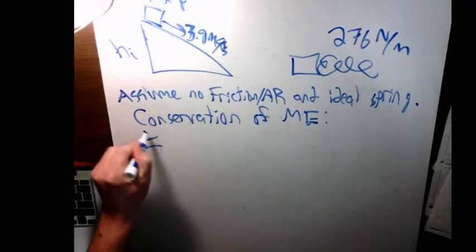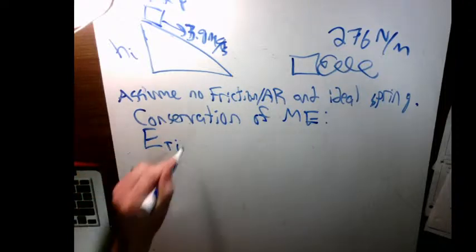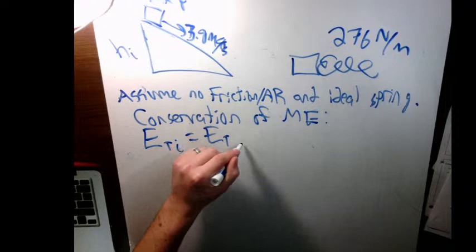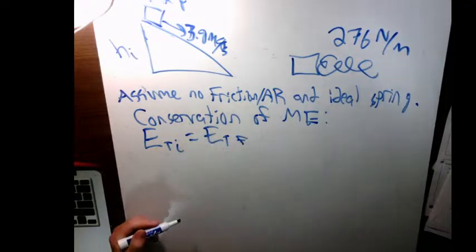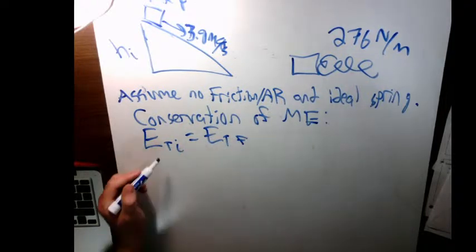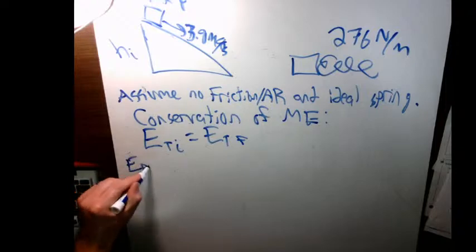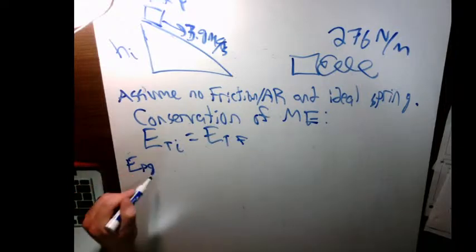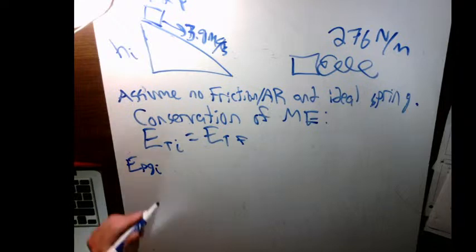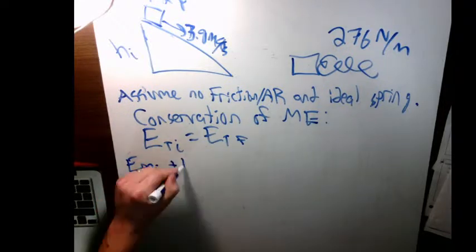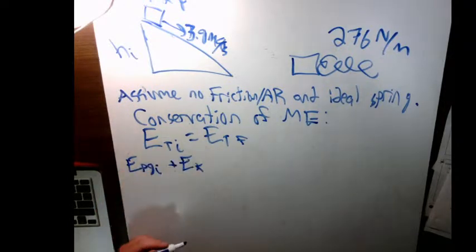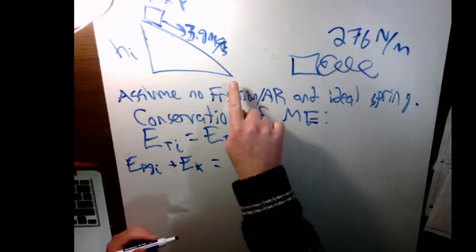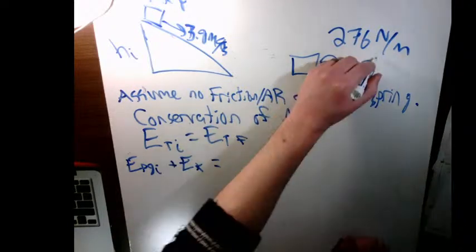So our total mechanical energy at the start is equal to our total mechanical energy at the end. Here at the start we have potential gravitational with our unknown height, and we have kinetic energy. And at the end, we're going to say the end is when it's compressed the spring fully.